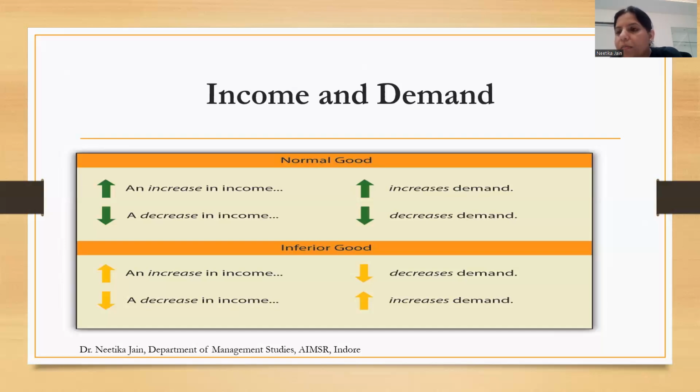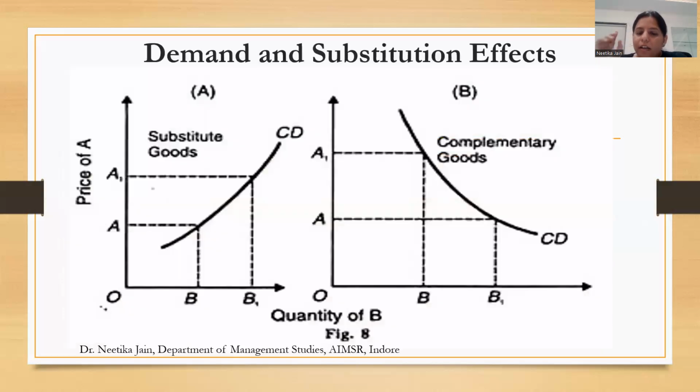So in case of income and demand, we have to say this because we always have to see whether there is an increase or decrease in demand, and wherever there are exceptions to the law, we have to look at them. In case of demand for substitute goods and complementary goods, as we have seen in the types of demand, for substitute goods the demand curve changes one way, whereas for complementary goods the graph changes differently.